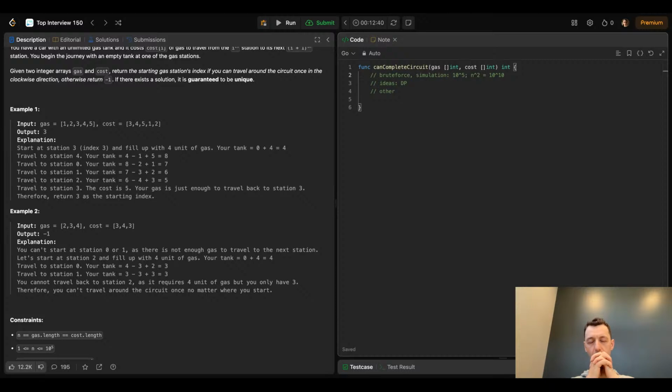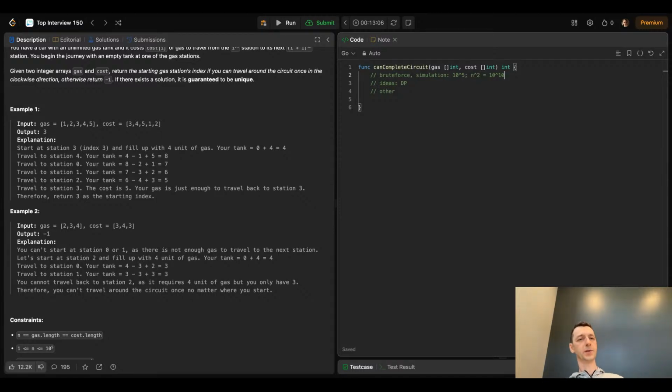So brute force is too long. But what if, I mean, this circular thing is a little bit confusing.